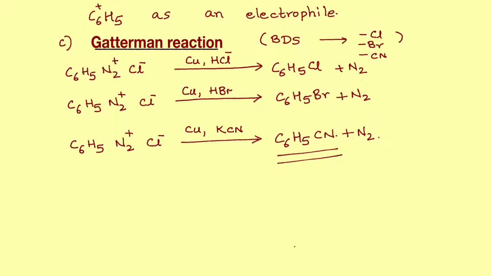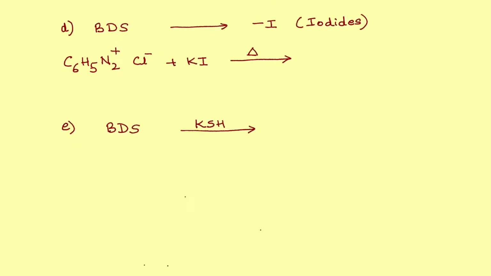Now that we have formed the chlorides, the bromides and the cyanides, how do we form the iodides? Let's not forget the iodides and the fluorides. You know, fluorides are much more difficult to prepare. So how do we go ahead with this conversion, benzene diazonium salts to the corresponding iodides?